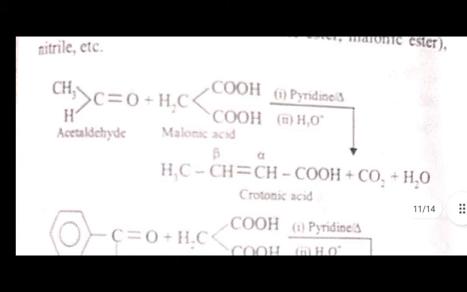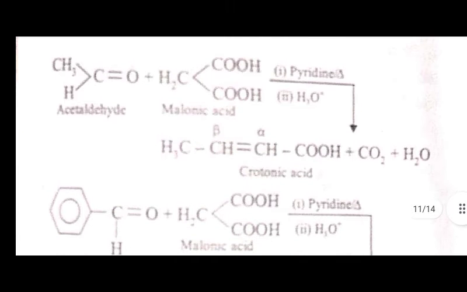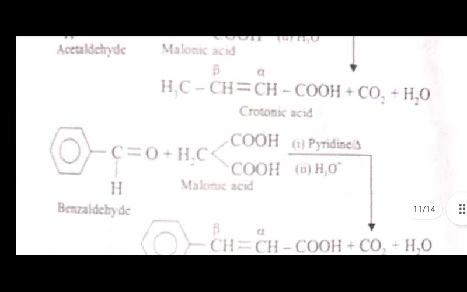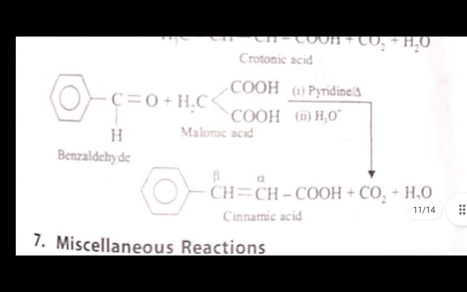Aldehyde reacts with malonic acid to form alpha beta unsaturated carboxylic acid, crotonic acid, in presence of pyridine. Again, benzaldehyde will also react with malonic acid in presence of pyridine to form cinnamic acid.